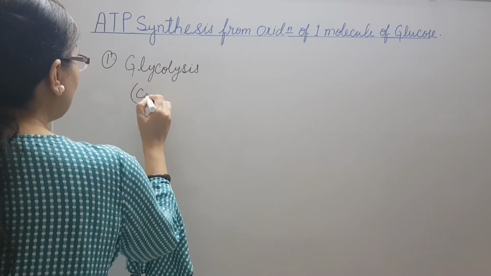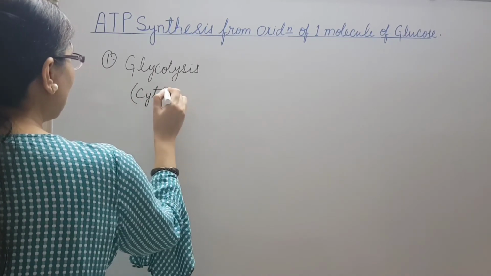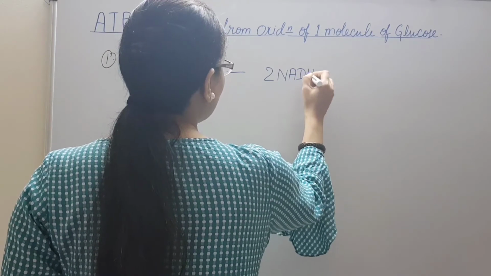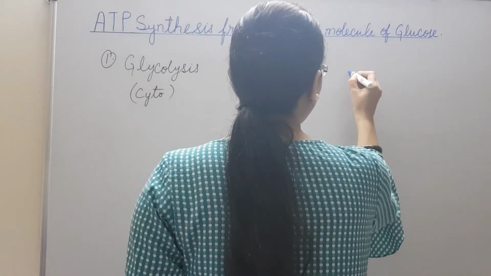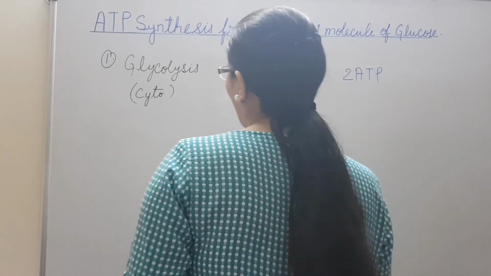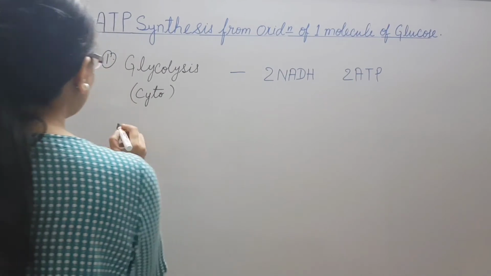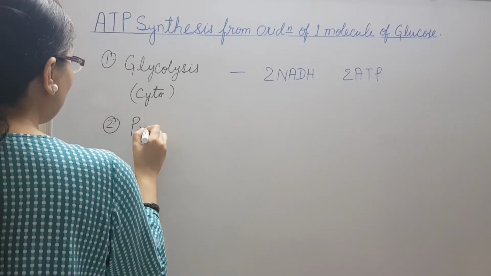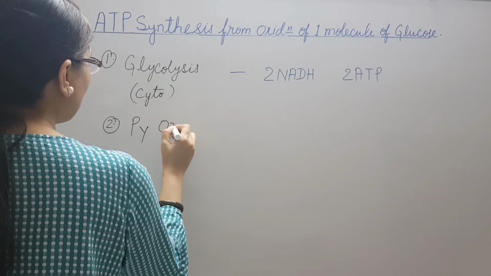This takes place in the cytoplasm, and we get 2 NADH molecules and 2 ATP molecules. Second is pyruvate oxidation.